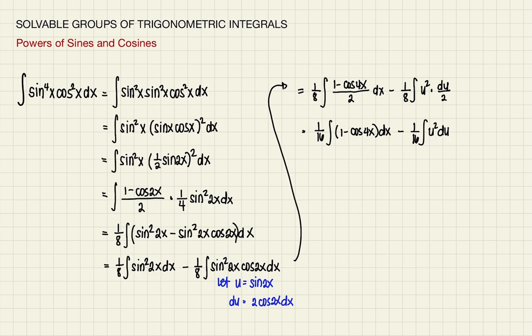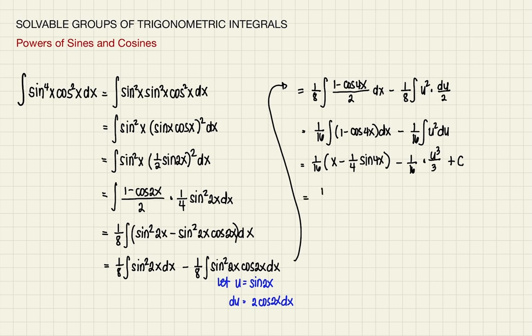So we can now evaluate the integral. That's 1 over 16 times x minus 1 over 4 sine of 4x minus 1 over 16 times u cubed over 3, and then don't forget the plus c.